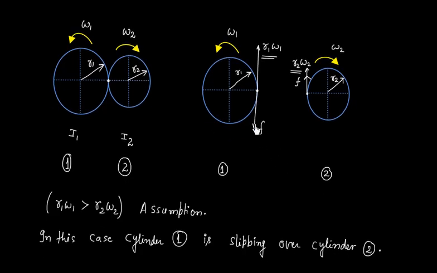Now this friction force will try to decrease the omega because it will have a torque in this direction. So friction into R1, that is the torque.